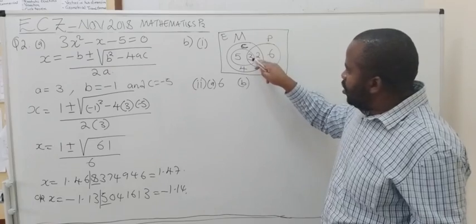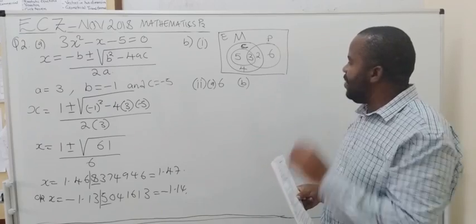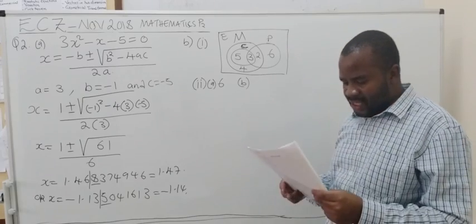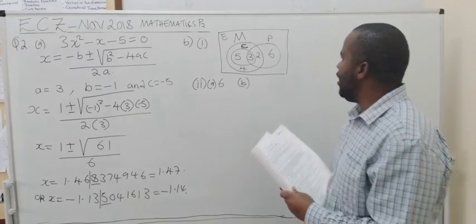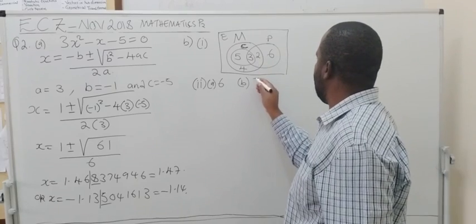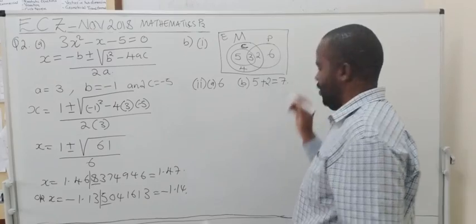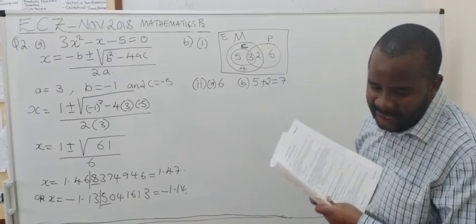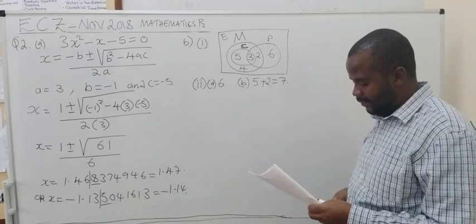When you look at 2, 2 represents the number of students that study physics and mathematics only. So the number of students that study 2 subjects only is 5 plus 2, and we get 7. 7 is our answer.